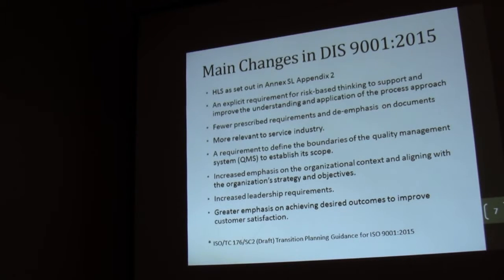Greater emphasis on achieving desired outcomes to improve customer satisfaction. So they're really wanting you to look at what are your results of the quality management system and for your customer satisfaction, making sure you meet those.